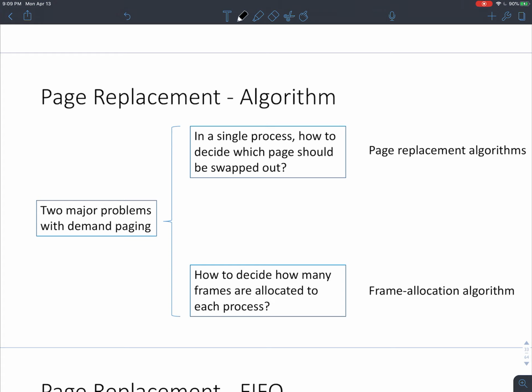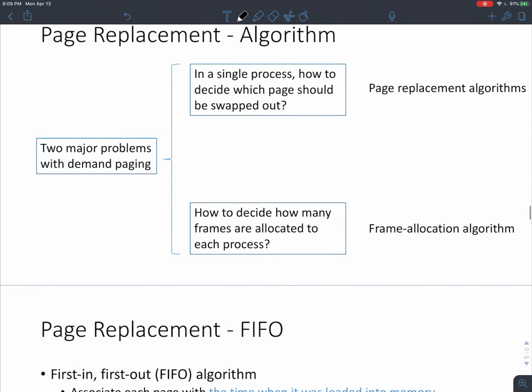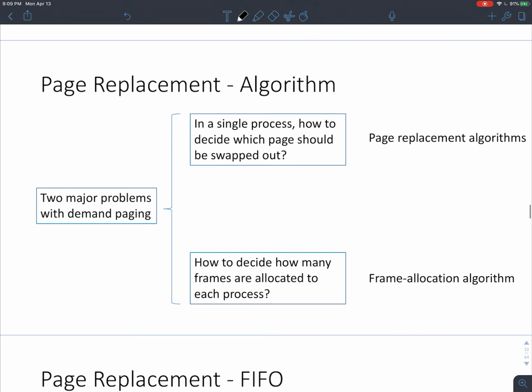And also, because we need to load parts of multiple processes into the physical memory at the same time, we need to decide how to allocate the physical memory to each process. These two questions can be answered by two algorithms. The first one is called the page replacement algorithm, and the second one is called the frame allocation algorithm.